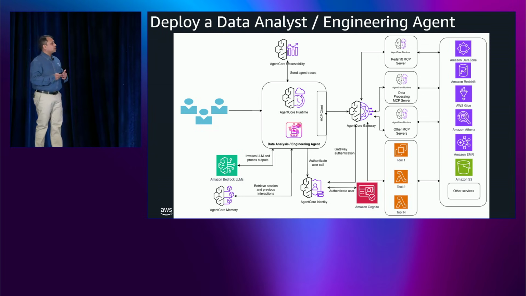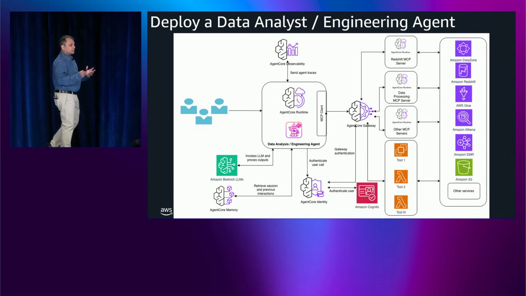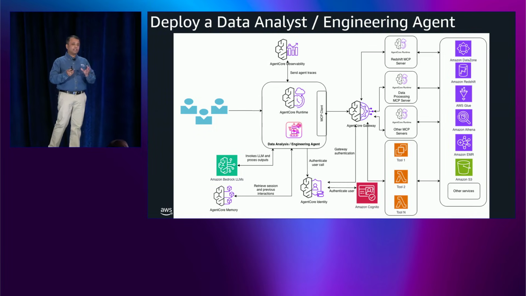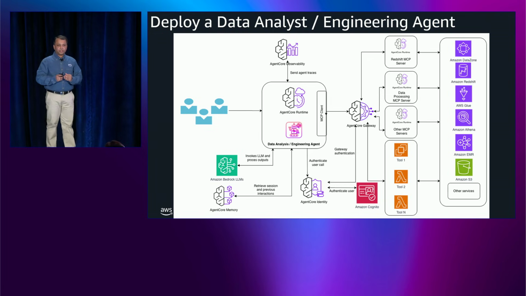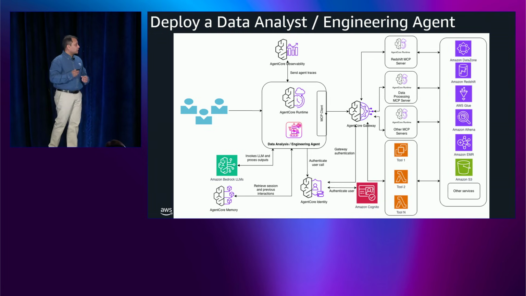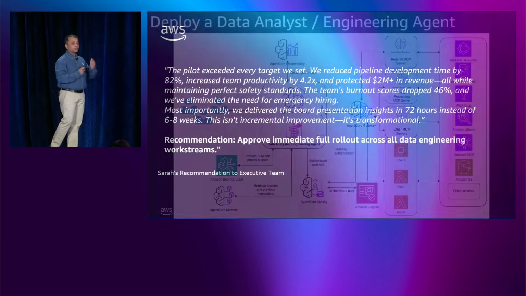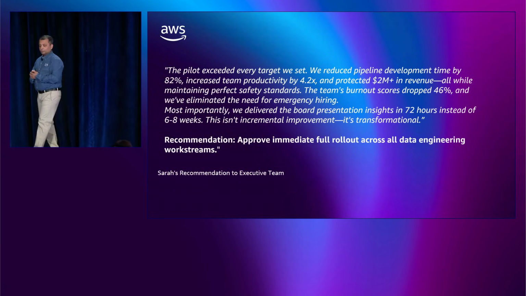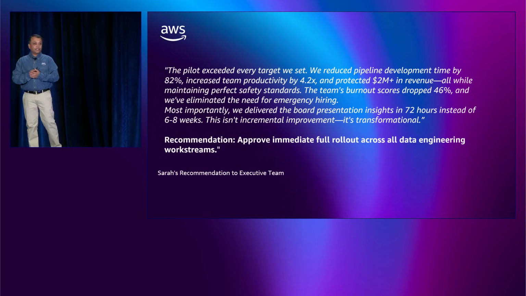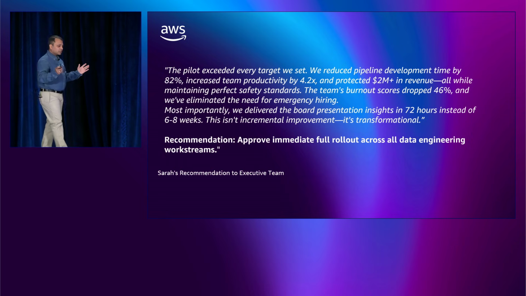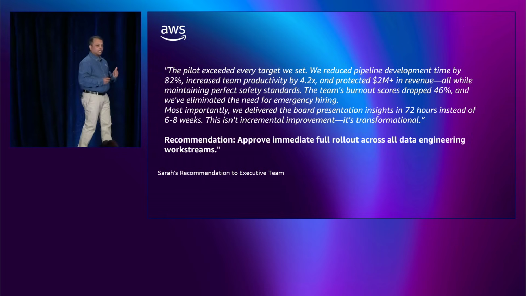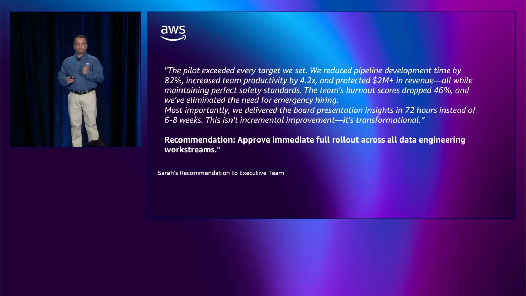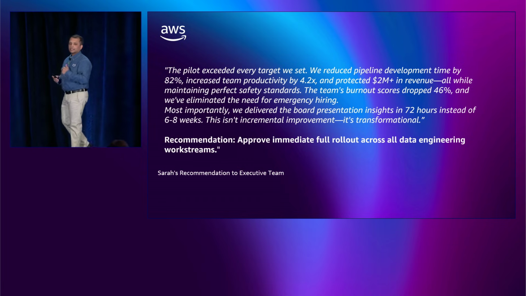So this is an architecture that you can use if you want to scale it out, or if you have a very specific agent, let's say a data analysis agent or data engineering agent, that you want to deploy and roll out to your entire organization. Now, with all that said, going back to Sarah, our CTO, she feels that yes, everything looks good, the pilot went very well, the results are good, and at the same time, she clearly sees a path forward to deploy this at scale.